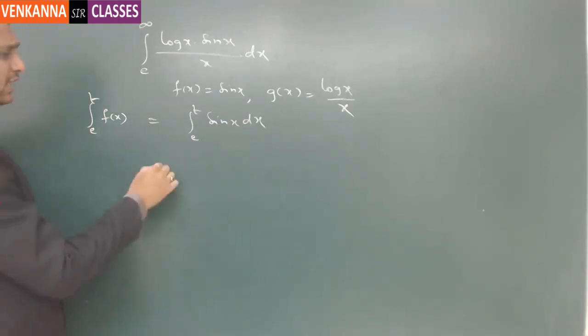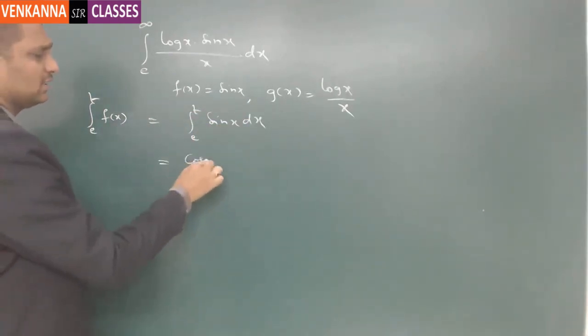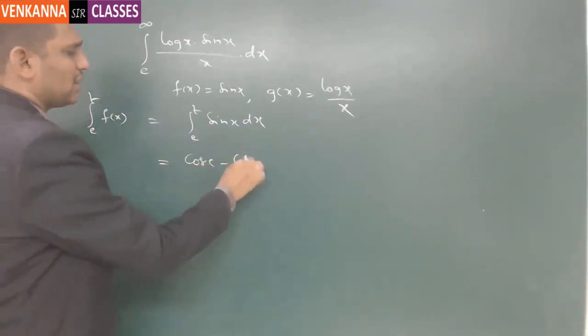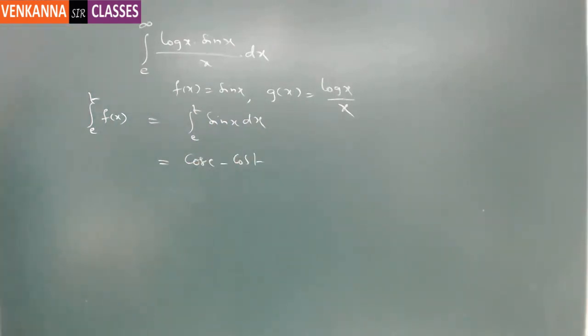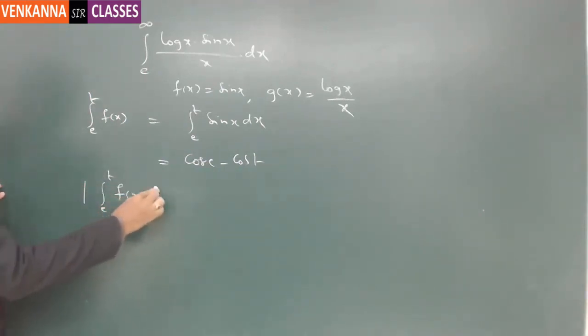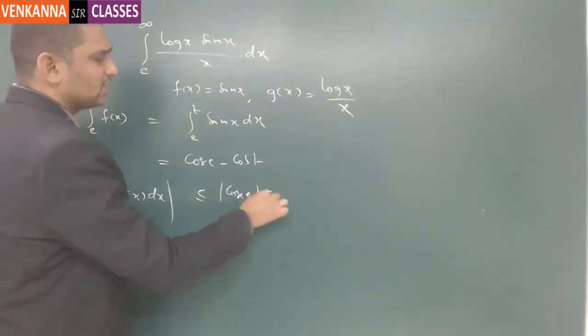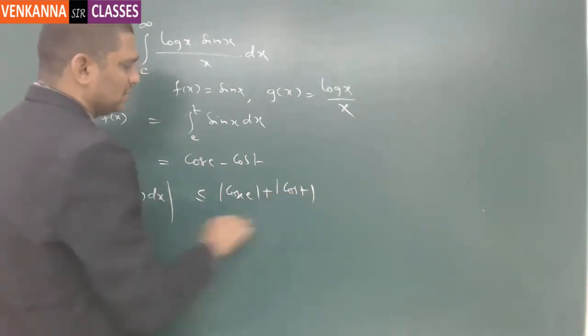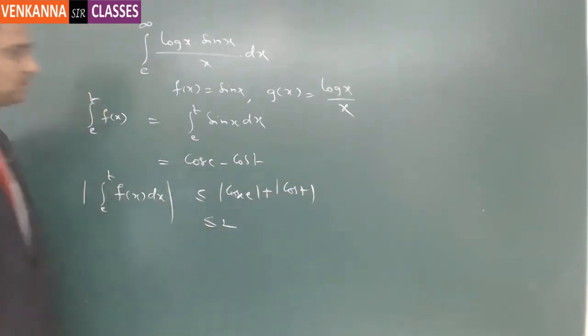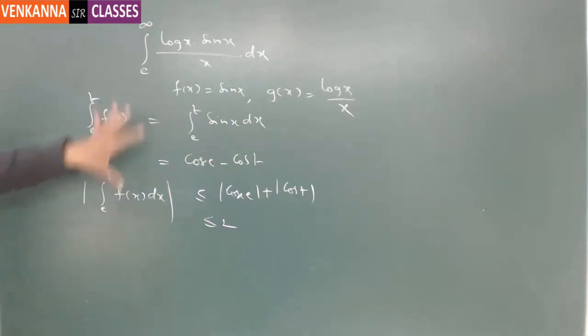On integrating, it is nothing but cos e minus cos t. Considering the modulus of integral e to t f of x dx, it is less than or equal to modulus of cos e plus modulus of cos t, which is less than or equal to 2. So this part is bounded.